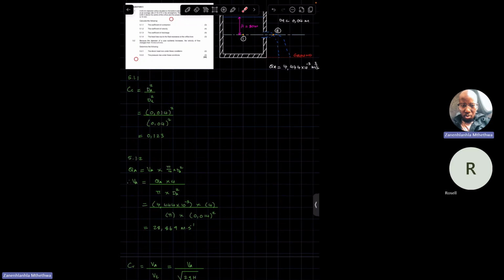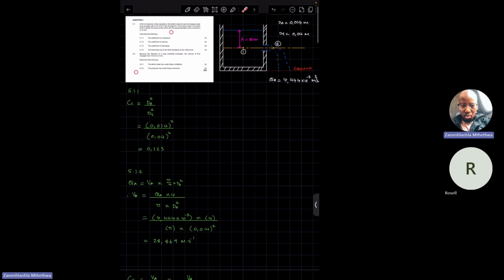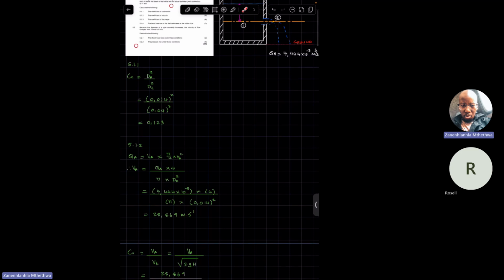Then 5.1.2 is the coefficient of velocity. Now, as far as the coefficient of velocity, the way you calculate it is similar to how you calculate the coefficient of contraction as well as the coefficient of discharge. If you look at the coefficient of contraction, the numerator is the actual quantity and the denominator is the theoretical quantity.